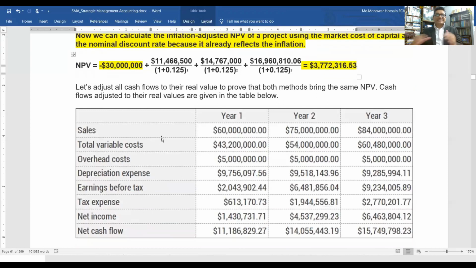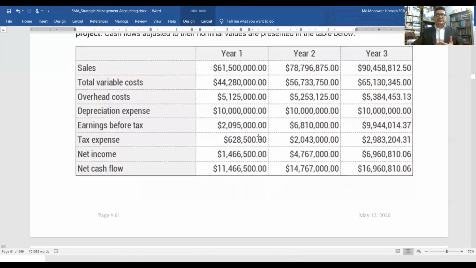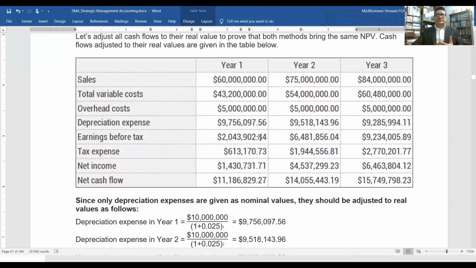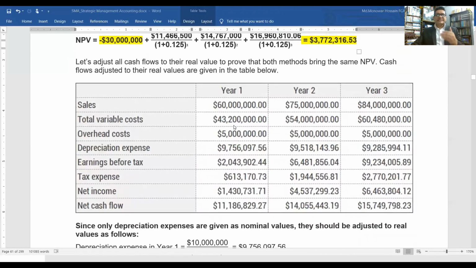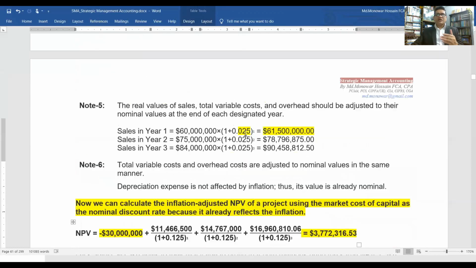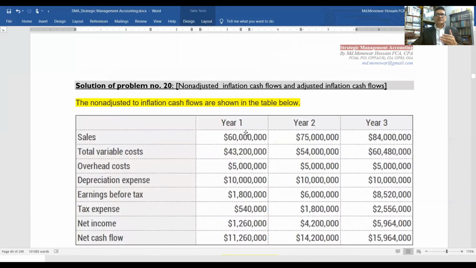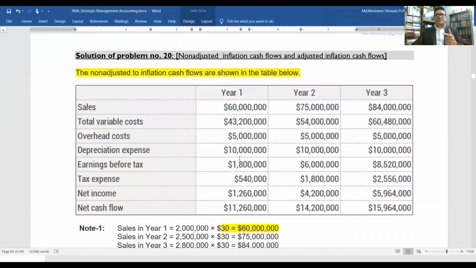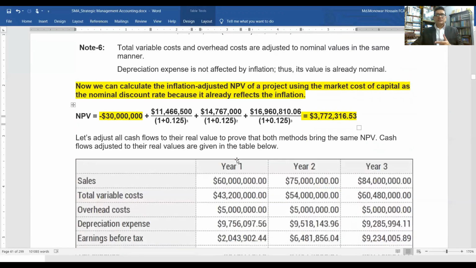And let's adjust all the cash flows to their real value to show that both methods bring the same NPV. Cash flows adjusted to their real value are given here. Look here, cash flow adjusted comes to 11,466, and 60 is the sale, variable cost is 43.